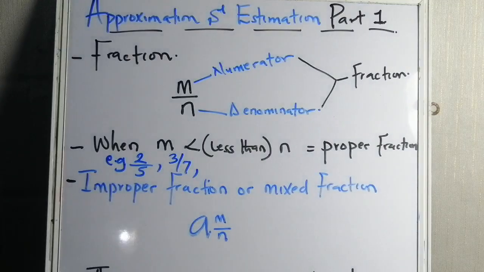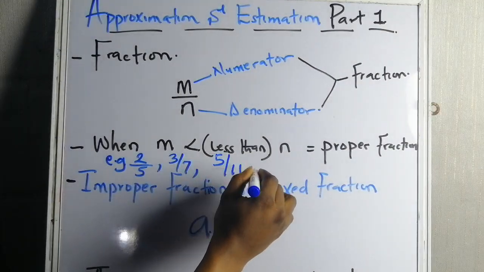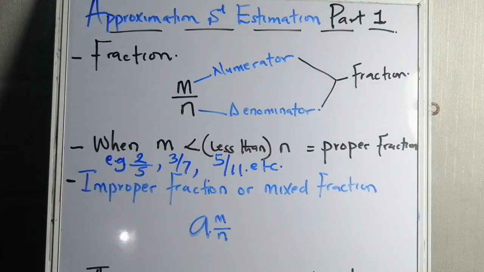If you look at it, there's nothing that can go into both of them. 2 over 5, nothing can go into both of them. 3 over 7, nothing can go in. So that is what we call proper fraction. That is, m is less than what? N. I can also have 5 over 11.